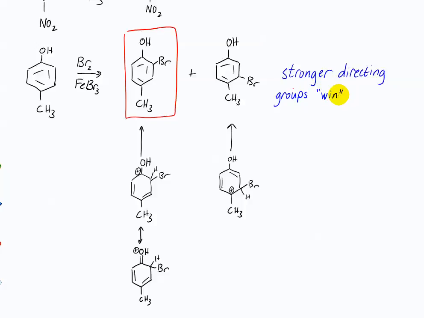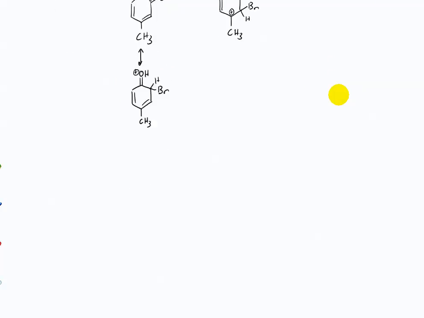When there's a conflict between the two, the stronger directing groups win. All right, what if there's not that sort of conflict? What if it's two similar type directing groups?